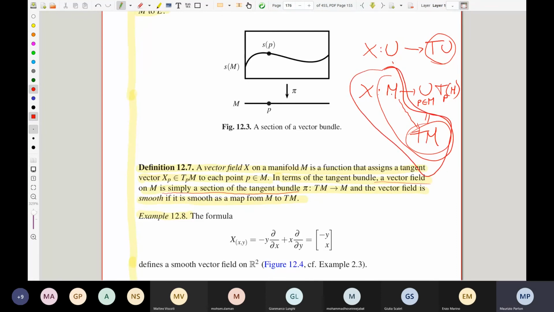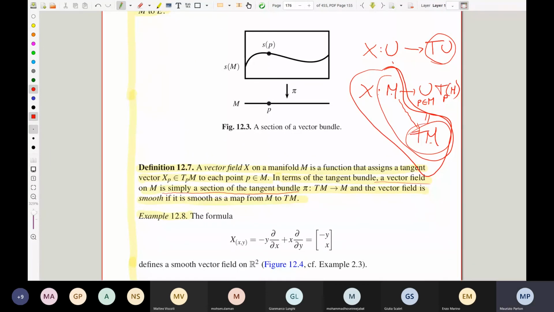Okay, but now we have to be more precise: the vector field is not only a map from the manifold to the tangent bundle. It's a very special map. Remember, at the point P, the vector field associates what? Not just a tangent vector and stop.